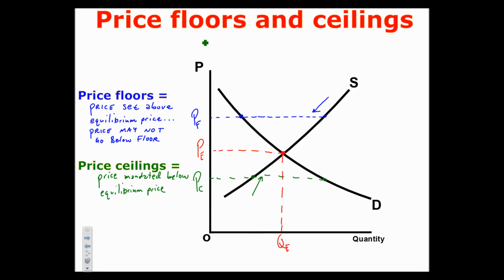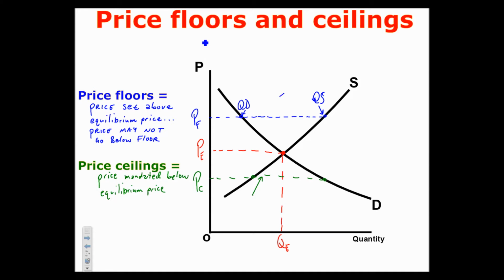Now some characteristics of this. In this case, with the price floor, you end up with a quantity demanded and a quantity supplied. Let me erase this arrow so we can eliminate any confusion. We have a quantity supplied right here, quantity demanded right here.